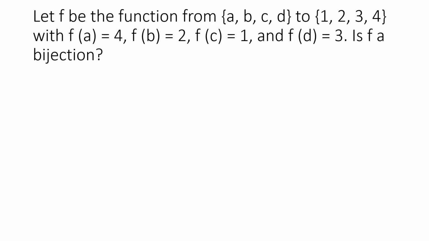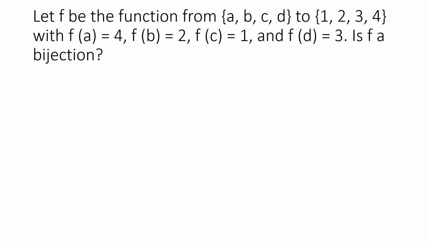So let's have this one. Let f be the function from the set A, B, C, and D to the set 1, 2, 3, 4, with f of A equal to 4, f of B equal to 2, f of C equal to 1, and f of D equal to 3. Is the function f a bijection? In this case, the function f is one-to-one and onto.